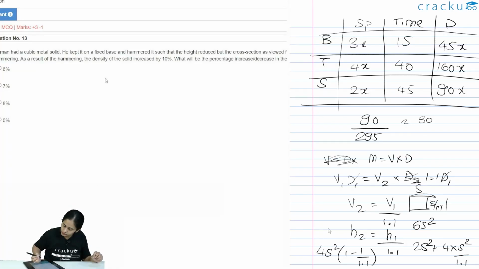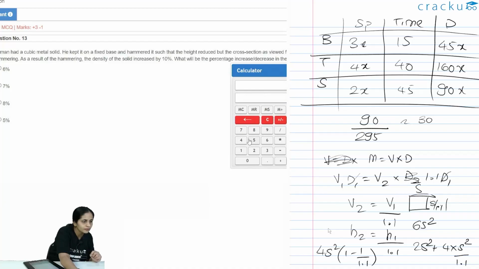This is 4 divided by 1.1, how much? So this is 3.6, from 6 it went to 5.6.